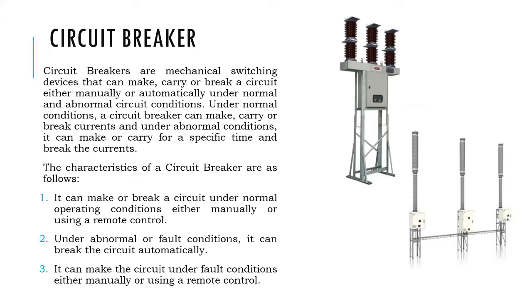A circuit breaker is a mechanical switching device that can make or break the circuit. When I was talking about the disconnector, I stated that the disconnector or isolator cannot be operated under load because it is not capable of breaking or making the circuit.